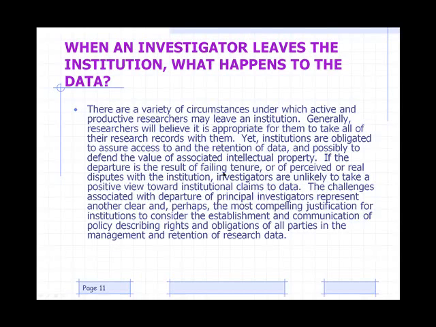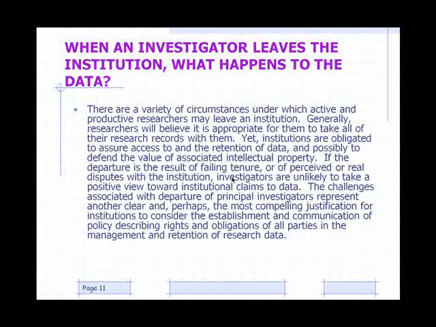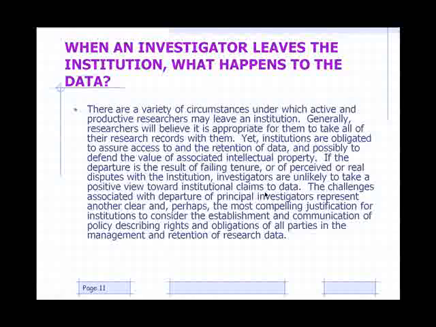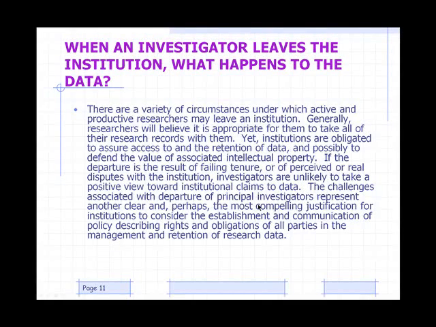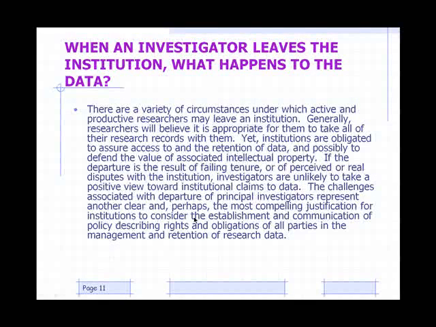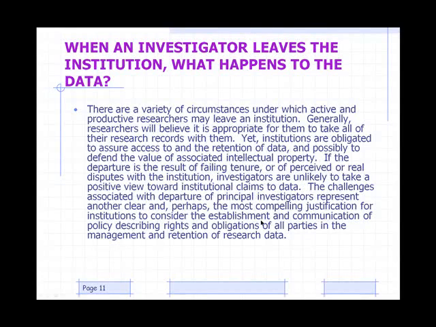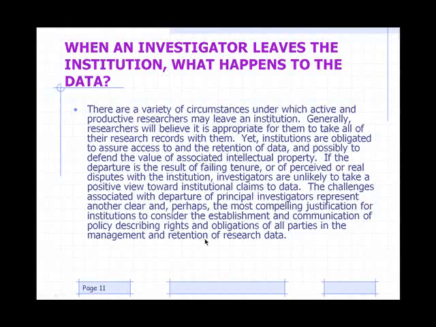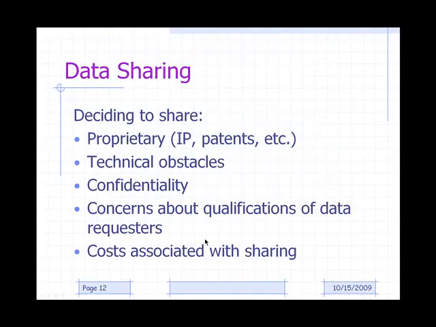If the departure is the result of failing tenure or of perceived or real disputes with the institution, investigators are unlikely to take a positive view toward institutional claims to data. The challenges associated with departure of principal investigators represent another clear and perhaps the most compelling justification for institutions to consider the establishment and communication of policy describing rights and obligations of all parties in the management and retention of research data. So now let's transition over to data sharing.